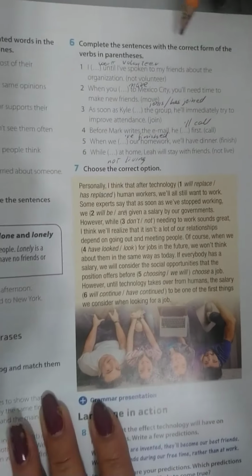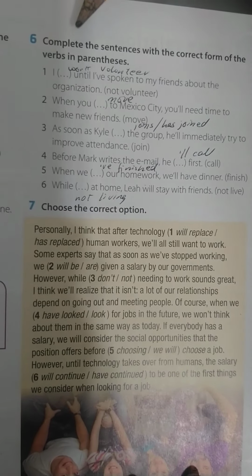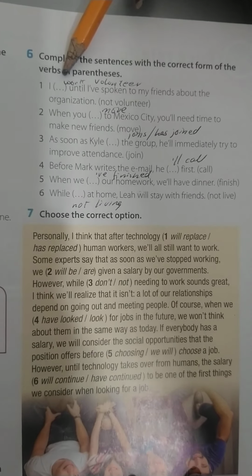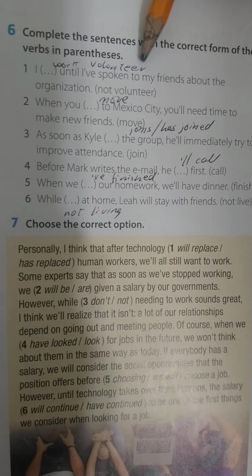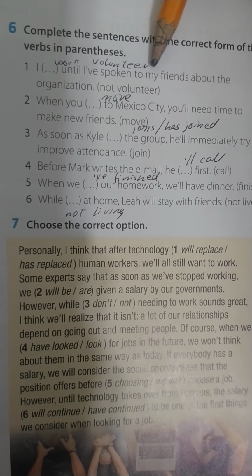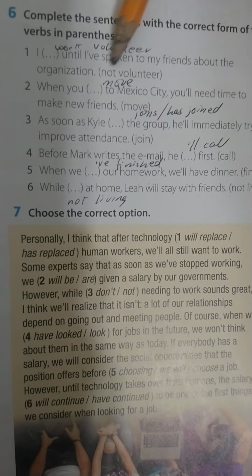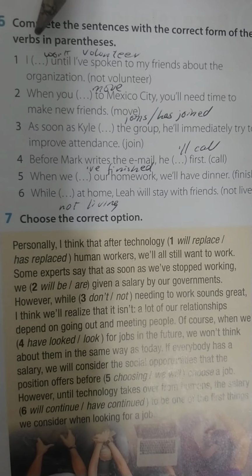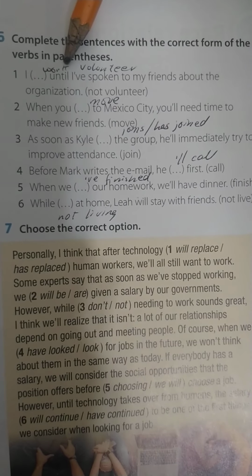Complete the sentences with the correct form of the verbs in parentheses. Number 1: "I won't volunteer until I've spoken to my friends about the organization." Here you say "not volunteer," but I say "I will not volunteer." Okay?